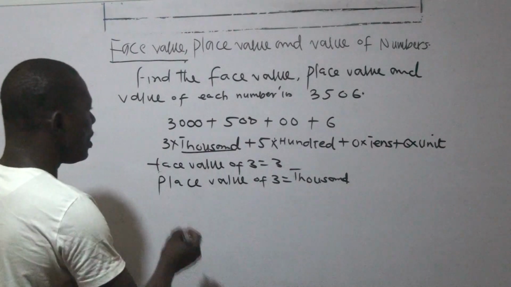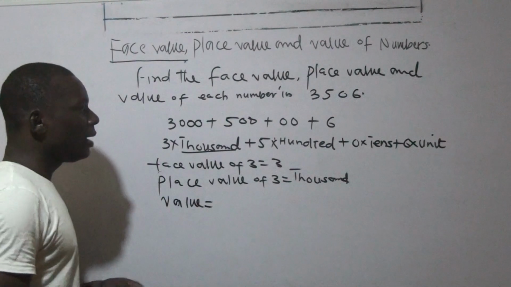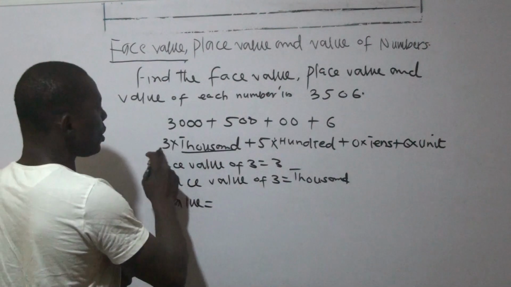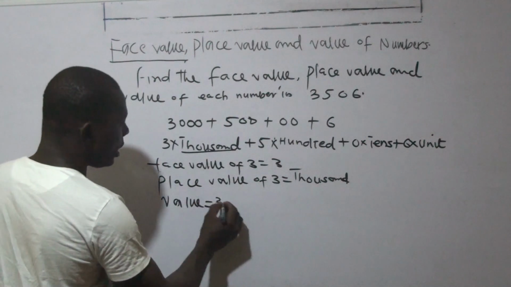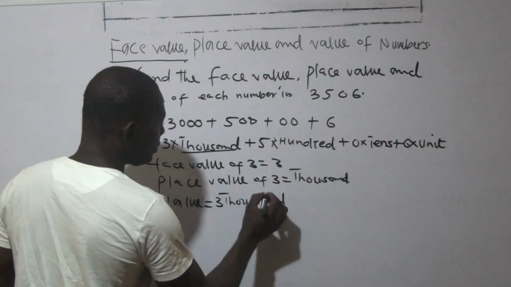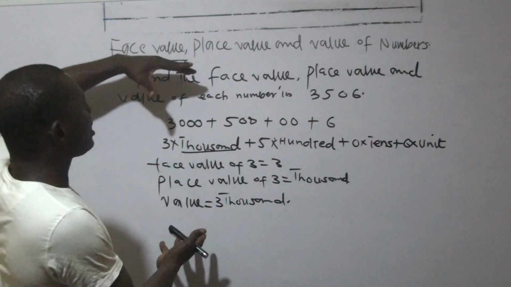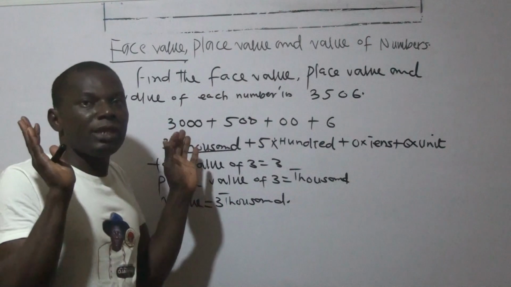Then, if you are referring to the value of 3, the value of 3 is the two together. The value of 3 is the product of the face value and the place value, which is just 3,000. So the difference is very simple. The face value is just the number mentioned there.